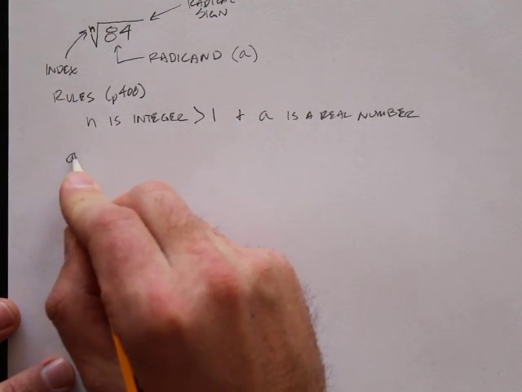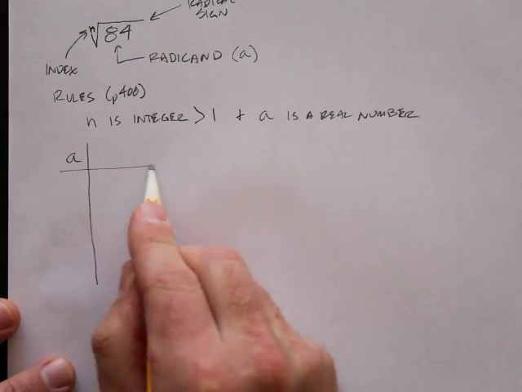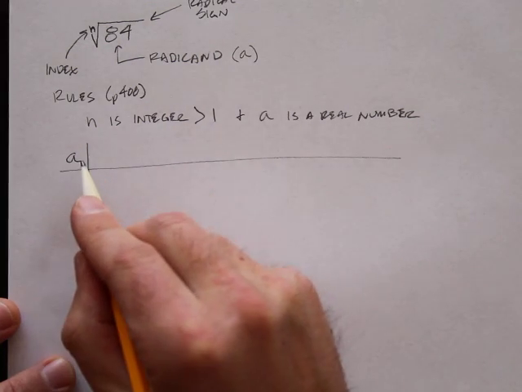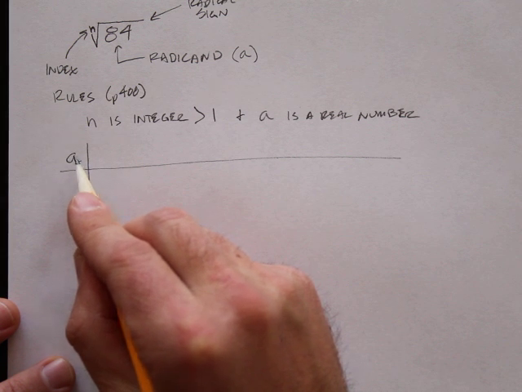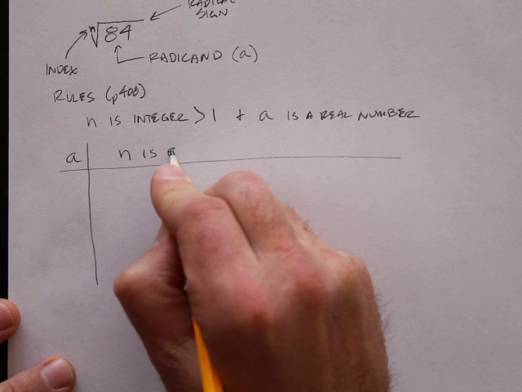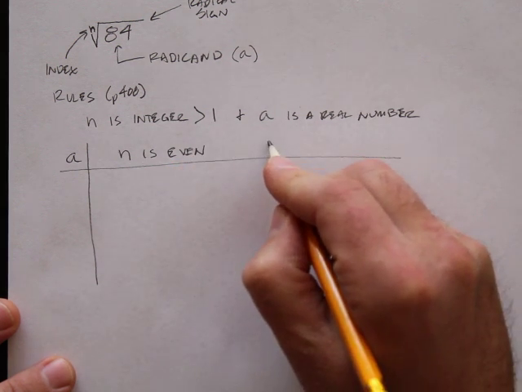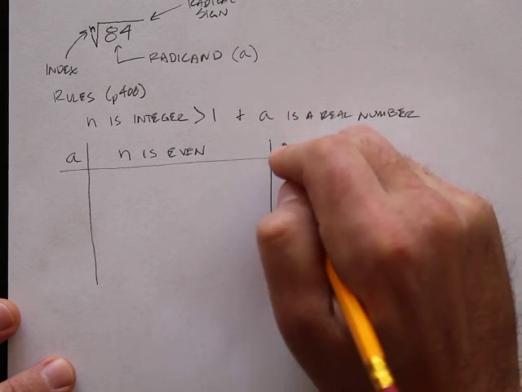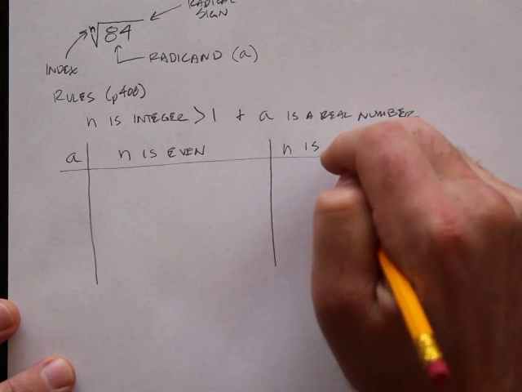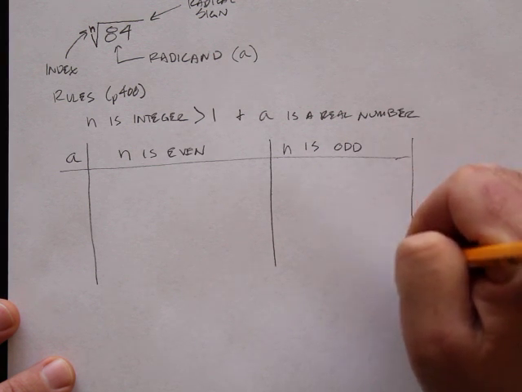All right, we're going to draw this. N is even, and N is odd. So here's our chart.